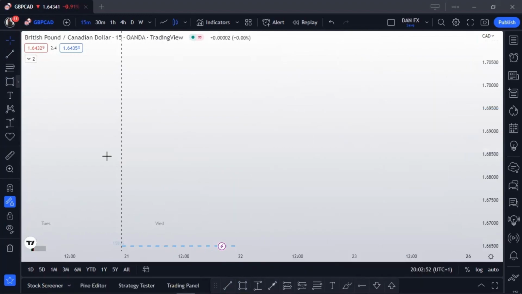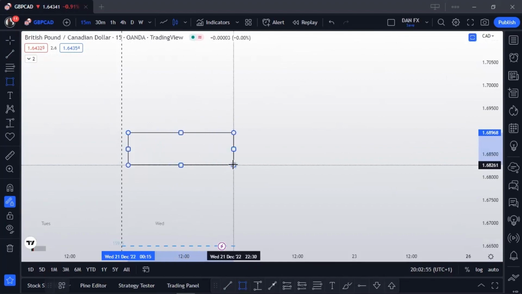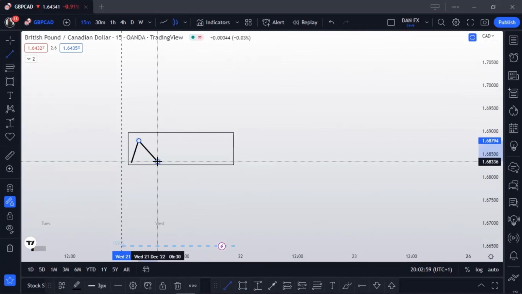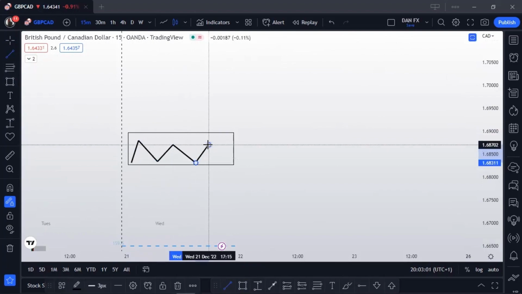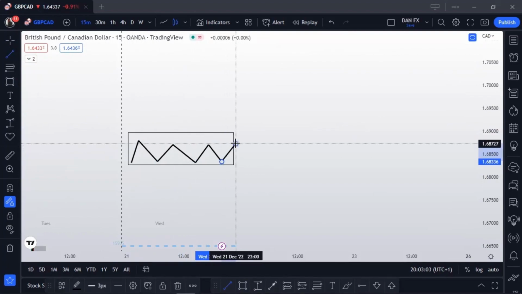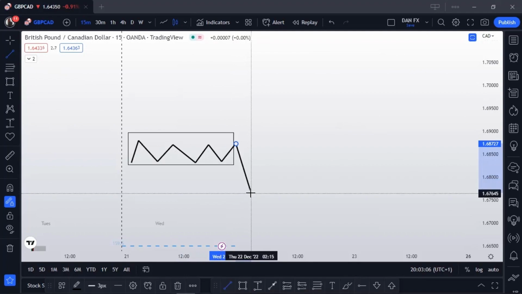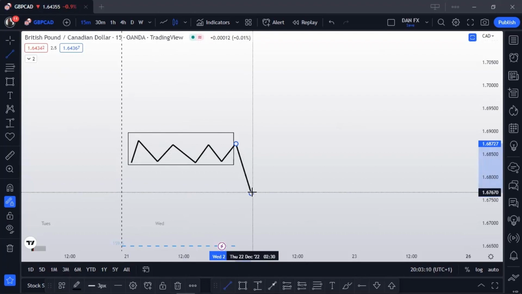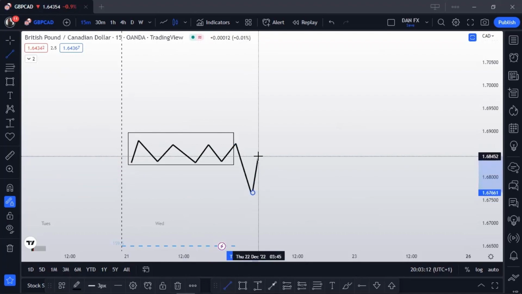The way this pattern works now is you have your Asian session and you have your consolidation as usual. But the difference is you have a breakout out of the Asian range, and then you also have a reversal back into the range.